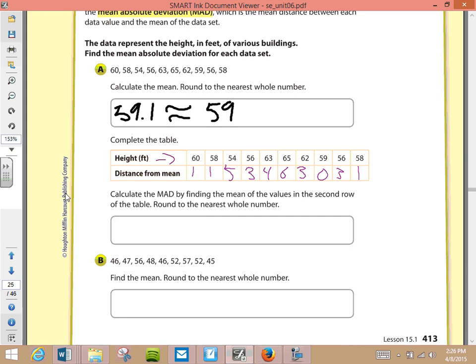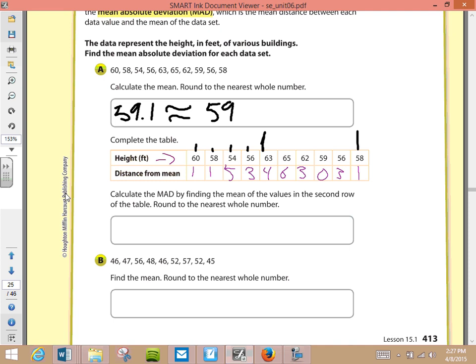Is it 10? 1, 2, 3, 4, 5. Yeah, by 10. And then that should give you the mean of the distance from the mean. So basically the mean absolute deviation is the average of what you just calculated. The MAD is this when you calculate it.